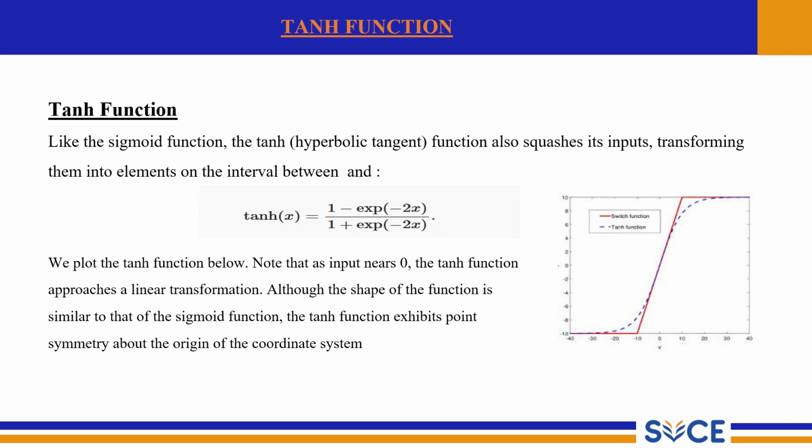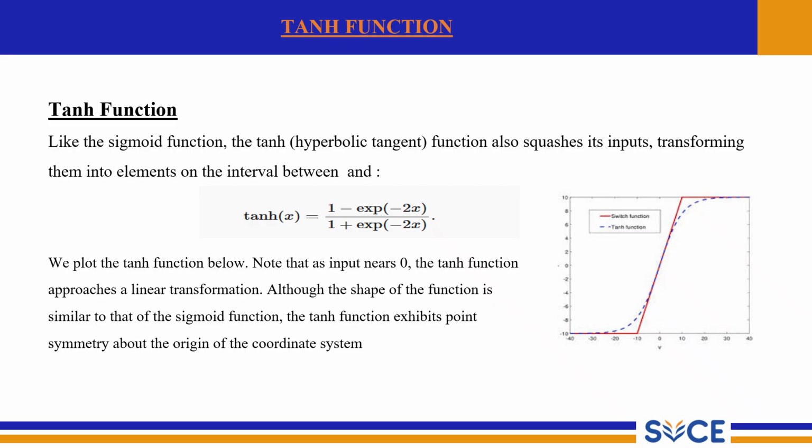This makes tanh zero centered, which can help with optimization and gradient flow, especially compared to sigmoid, which is always positive. As the input nears 0, the tanh function behaves almost like a linear transformation. But as the input moves further from 0, the output saturates, approaching minus 1 or 1 depending on the sign.